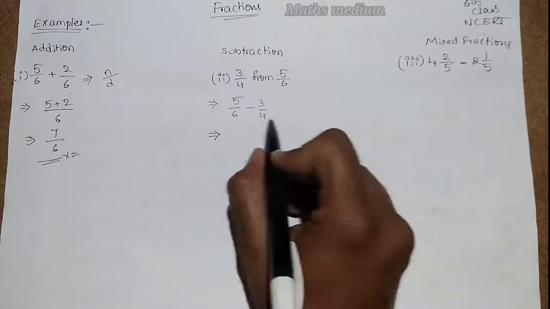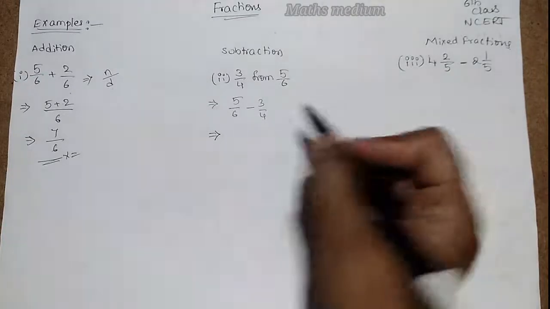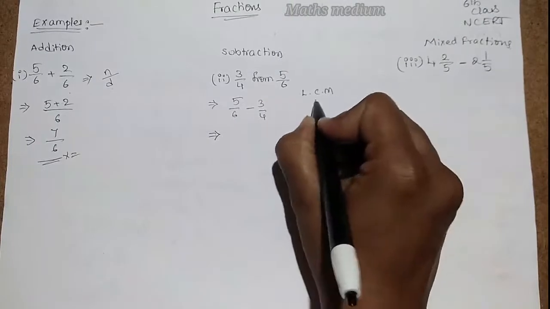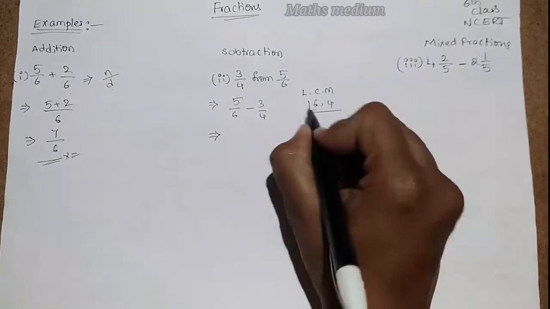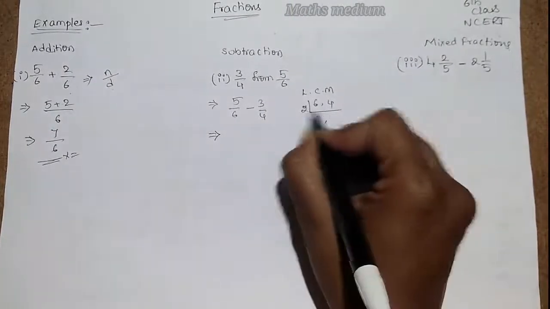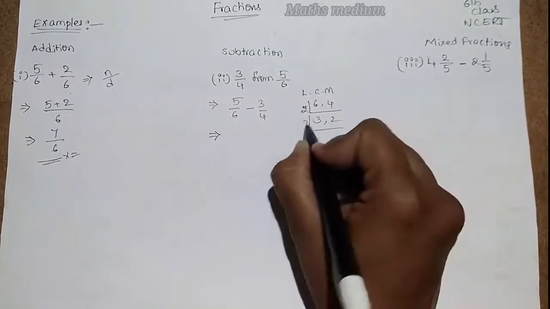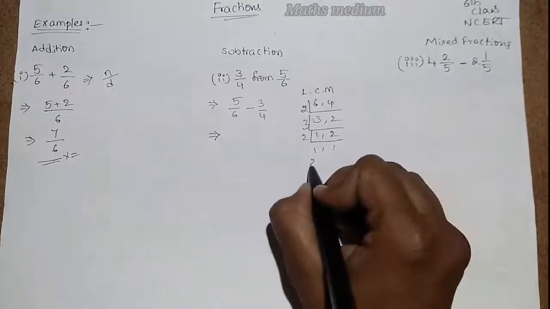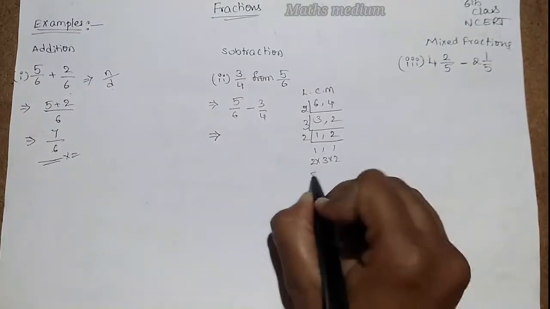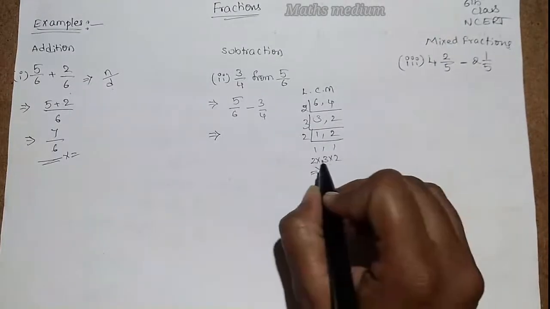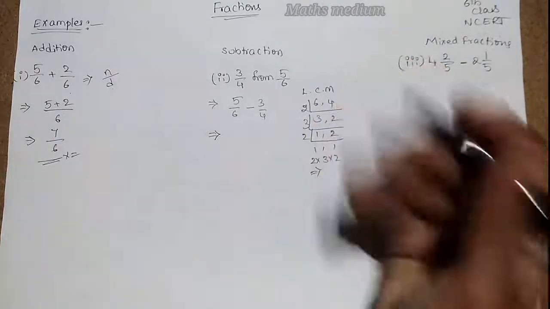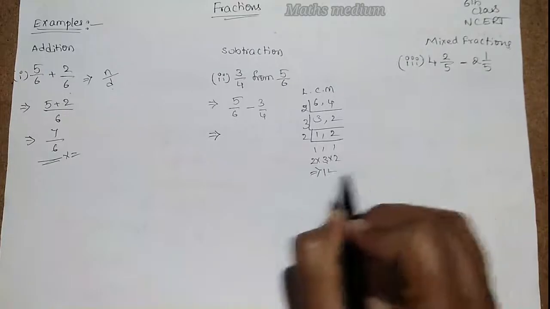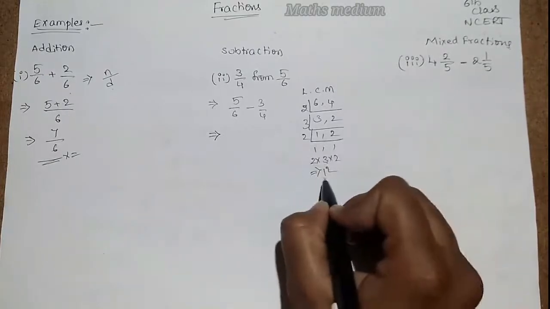We have two different denominators, so we take the LCM for 6 and 4. 2 3s are 6, 2 2s are 4, so 2 into 3 into 2. You are all familiar with the least common multiple, that is LCM. 2 3s are 6, 6 2s are 12. 12 is the LCM for 6 and 4.